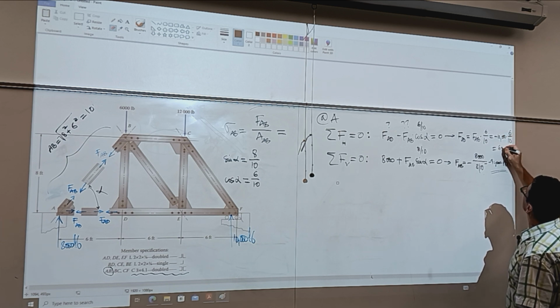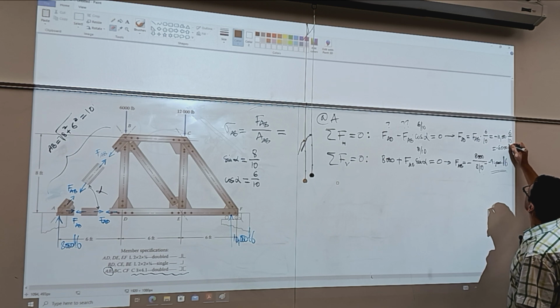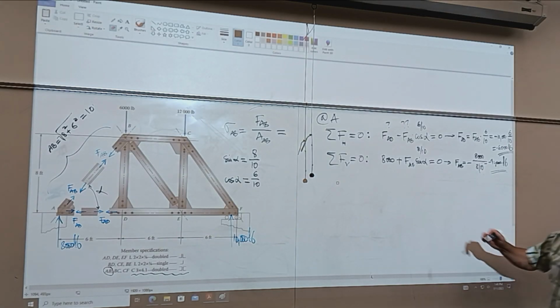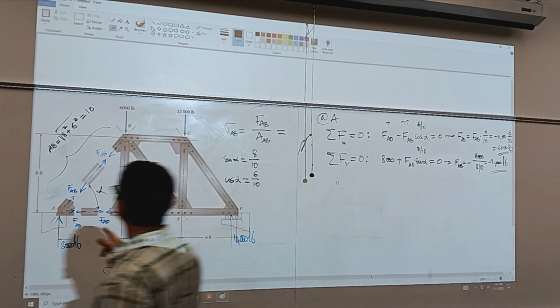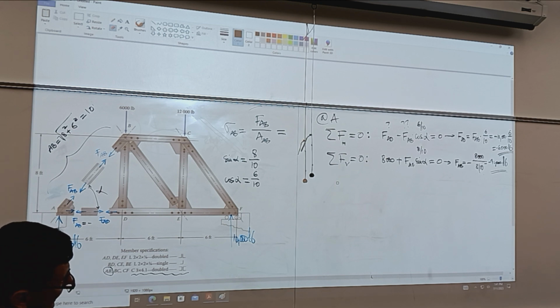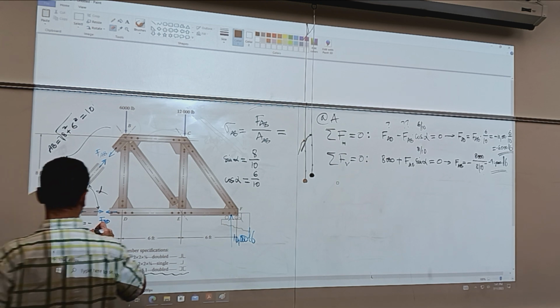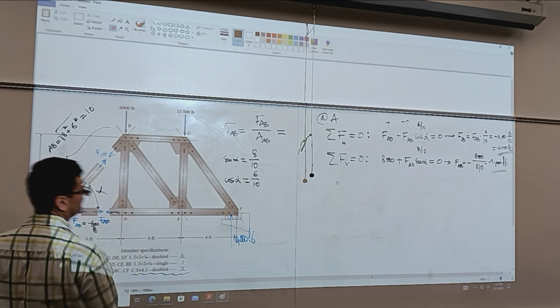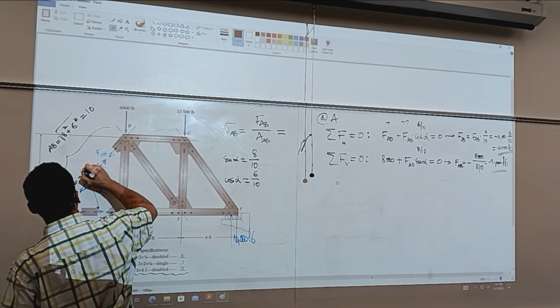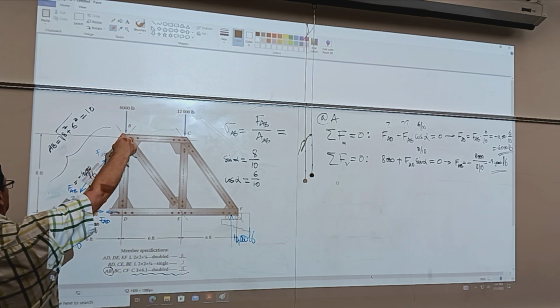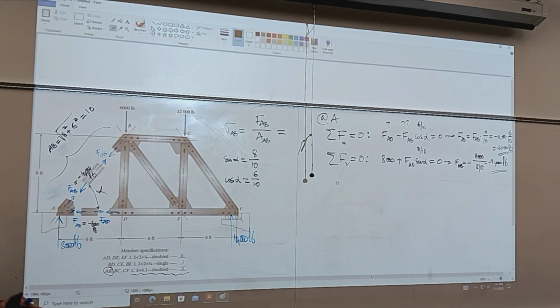This makes for negative 6,000 pounds. Was it clear? So we've got FAD negative 6,000, and we've got this one, negative 10,000, which means that both links AB and AD are actually in compression, not in tension.